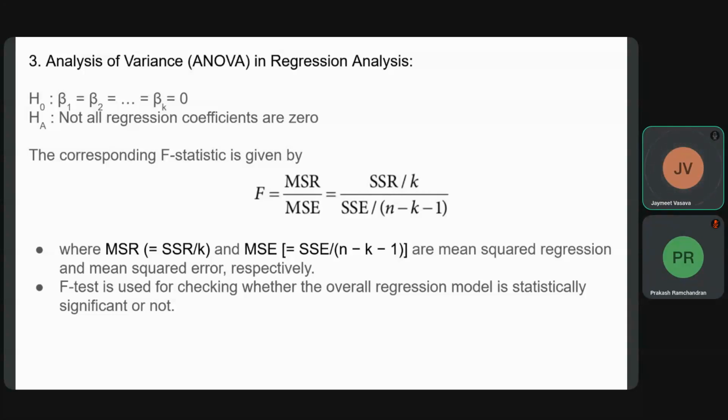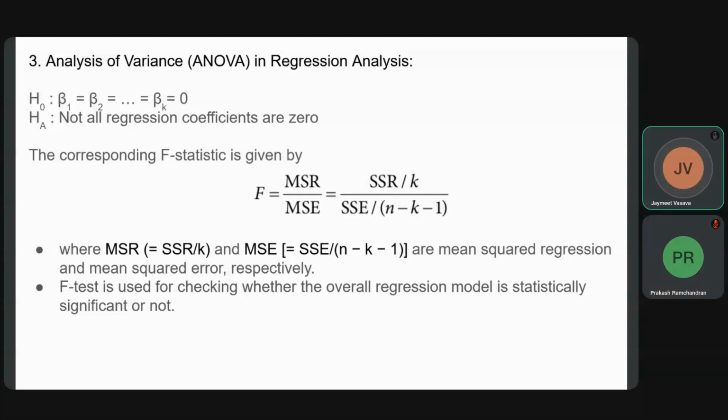So we'll be running the F statistic, or the analysis of variance test, for this, which is denoted by F. So F equals MSR by MSE, where MSR is the mean squared regression and MSE is the mean squared error.